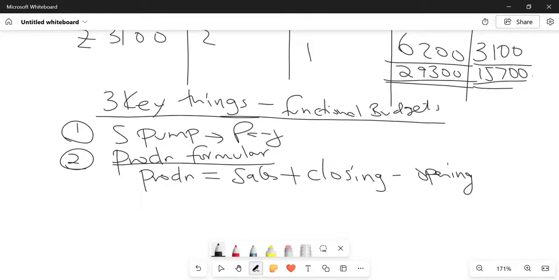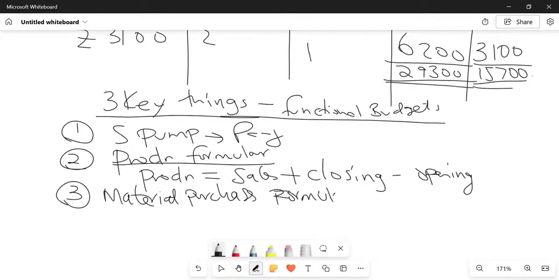And then, ladies and gentlemen, number 3, we have the material purchases formula. Only 3 things whenever it comes to functional budgets.